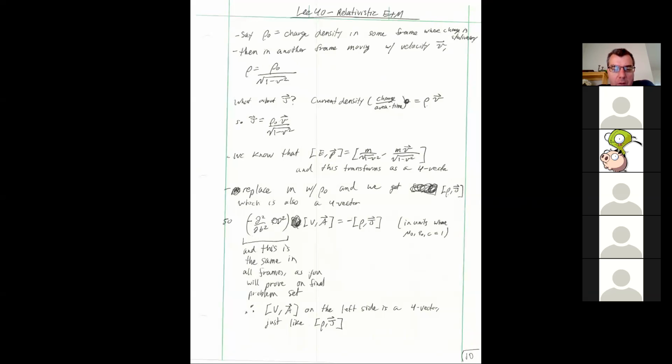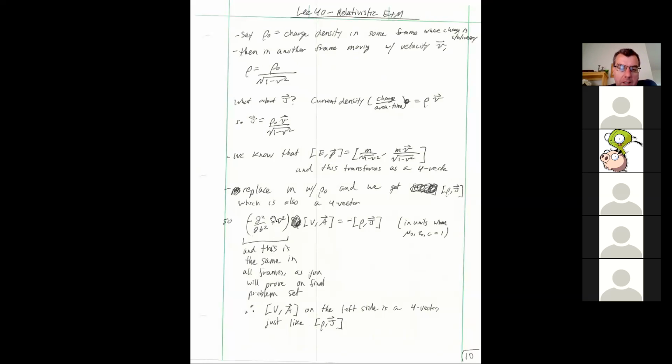So we've got the wave equation operator acting on either V or A, giving you either minus rho or minus J in units where mu naught, epsilon naught, and C are 1. And this wave equation operator is the same in all frames, which you're going to prove on the homework for Friday.